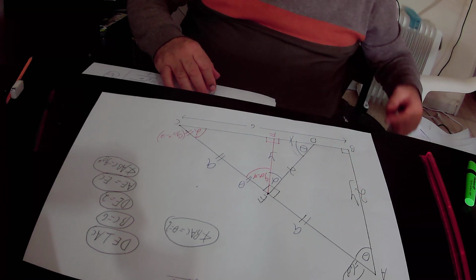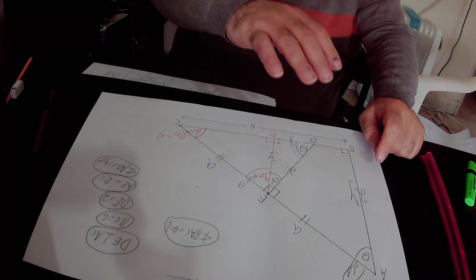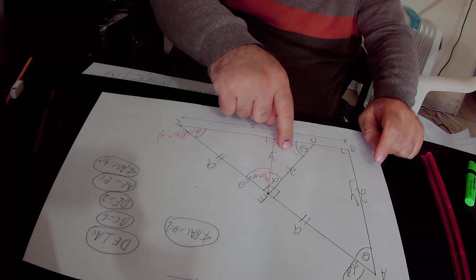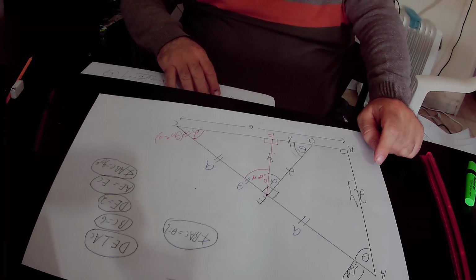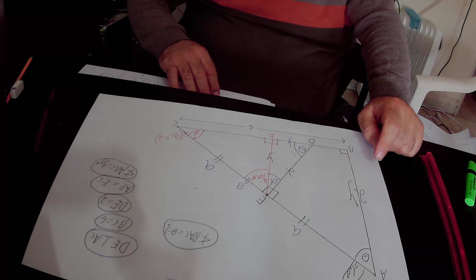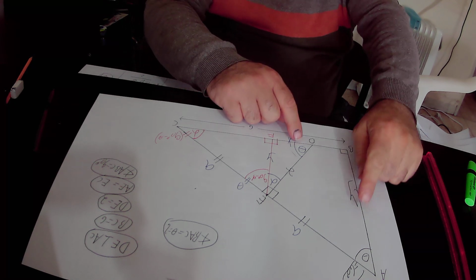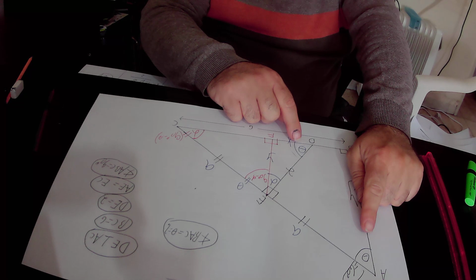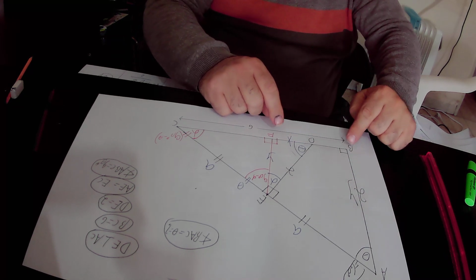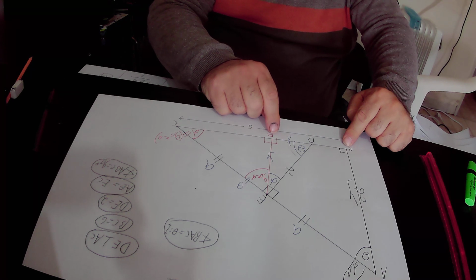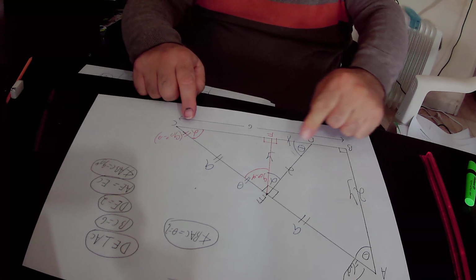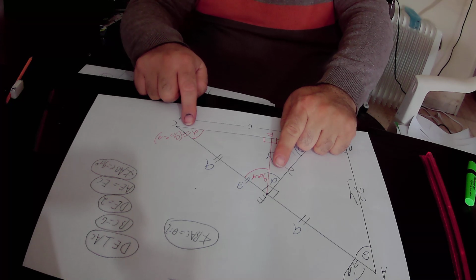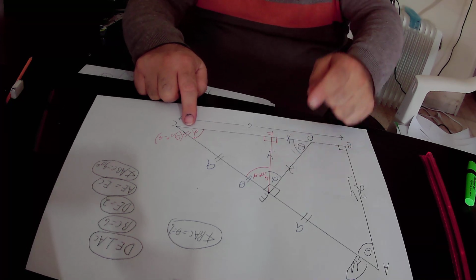Then we proved that the right big triangle ABC is similar to this right small triangle, triangle DEF. Why are those two triangles similar to each other? First of all, those two angles are both equal to theta, therefore they are equal to each other. Those two angles are both equal to 90 degrees, therefore they are equal to each other. And finally, those two angles are both equal to alpha, therefore they are equal to each other.